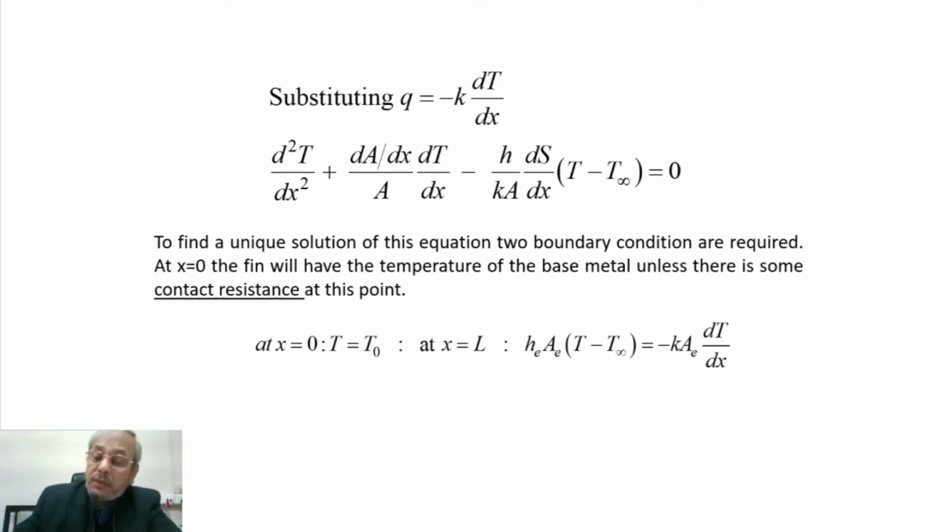So at x equal to 0, T equal to T naught. At x equal to L, hE, the end surface heat transfer coefficient, AE, the end surface area, times T minus T infinity temperature difference, equals minus k, conductivity, into AE, area of end surface, into dT/dx.